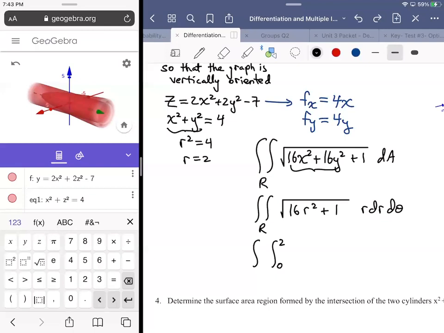And you know what? I'll put the r in front. I'm going to do that in Desmos anyway. r times the square root of 16 r squared plus 1, dr d theta.